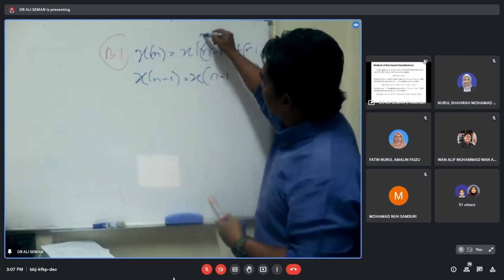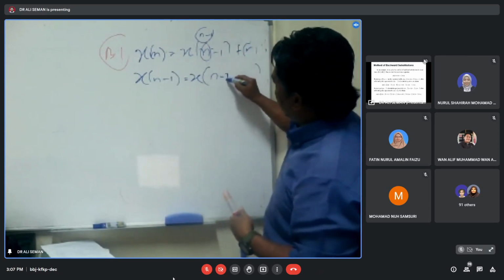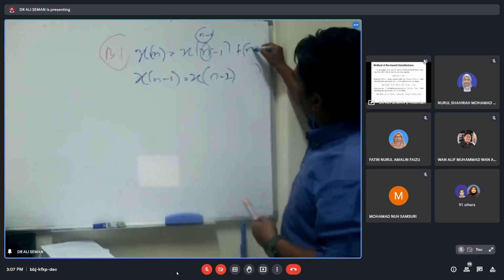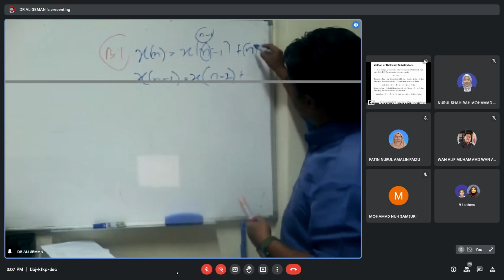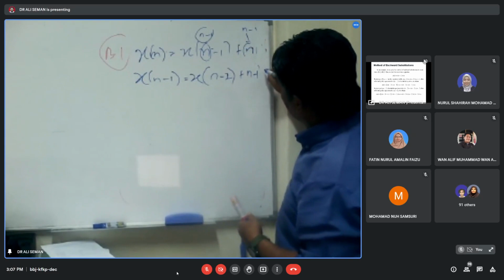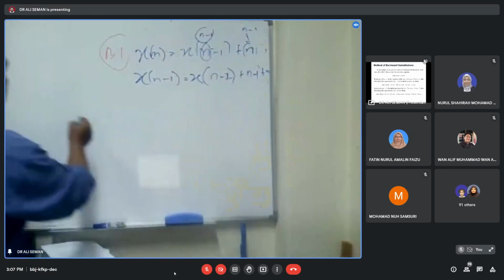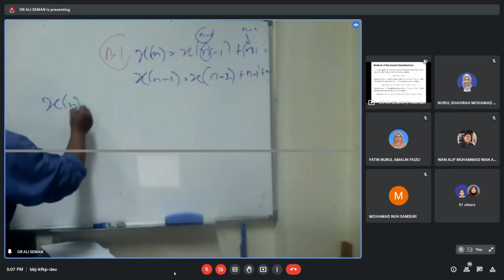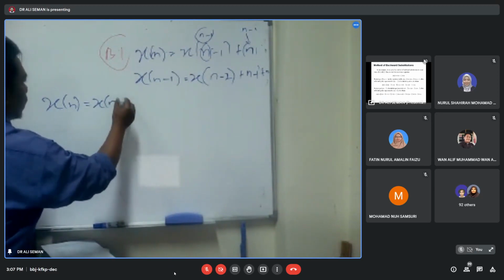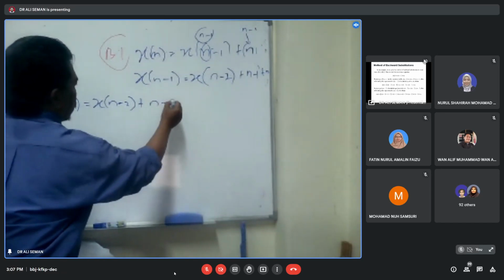This replaces the n minus 1, and we have the original n minus 1, so it becomes n minus 2. Correct? Yes. And plus n here, we need to replace n minus 1, so it becomes n minus 1 and the original n here. So I rewrite here: x of n equals x of n minus 2 plus n minus 1 plus n.